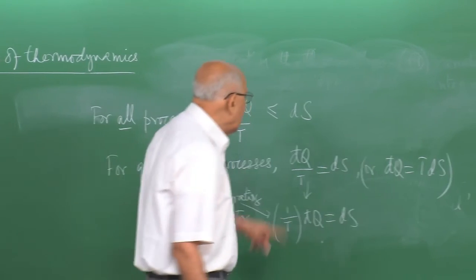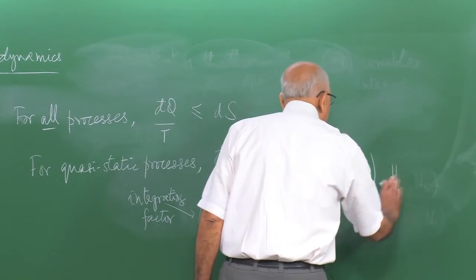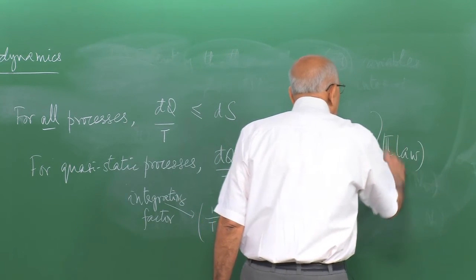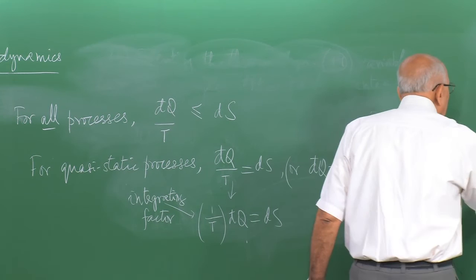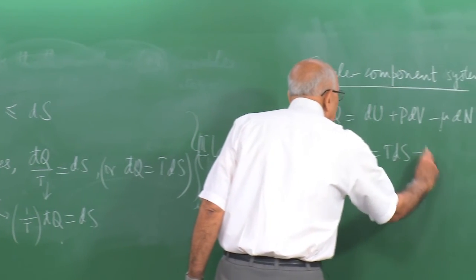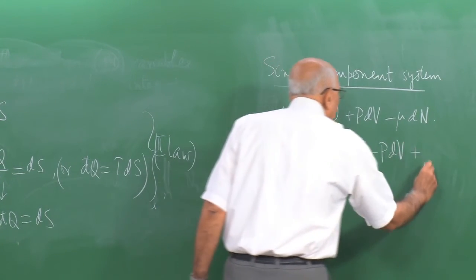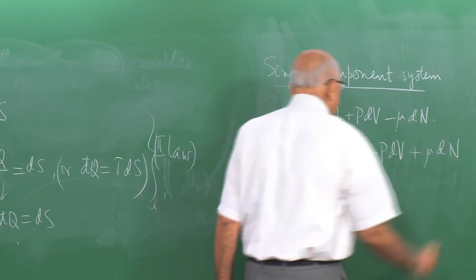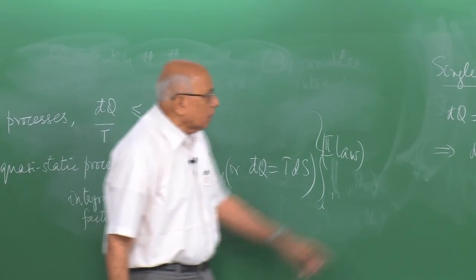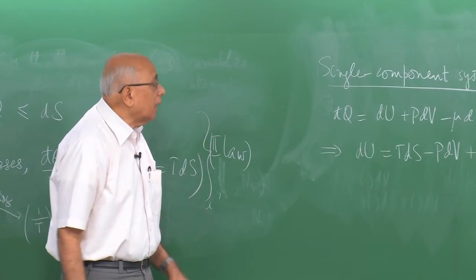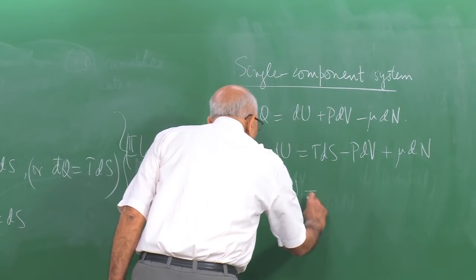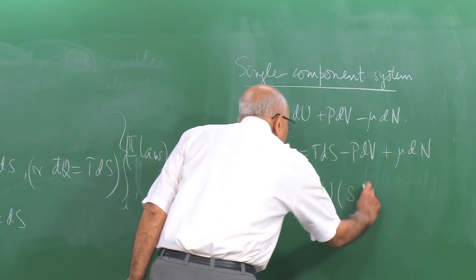So if you put that in, this is the second law, this implies that dU is TdS minus PdV plus mu dN. Because I write this as TdS, you see immediately that this implies that U, as promised, is a function of these state variables.